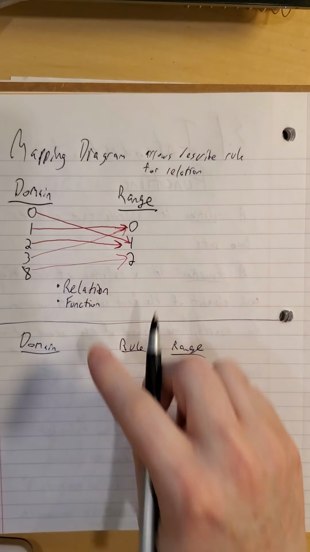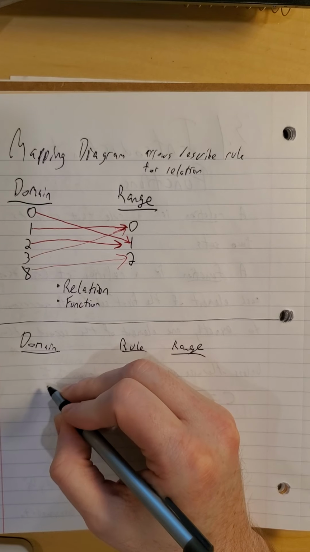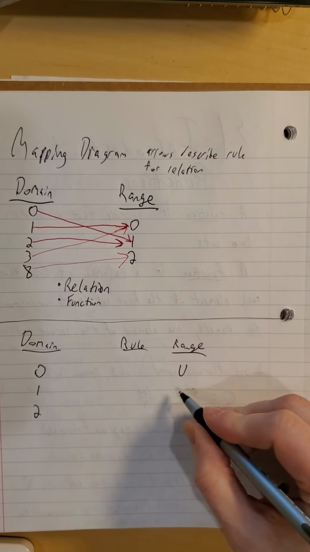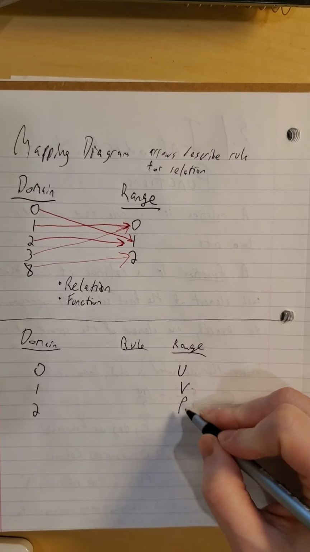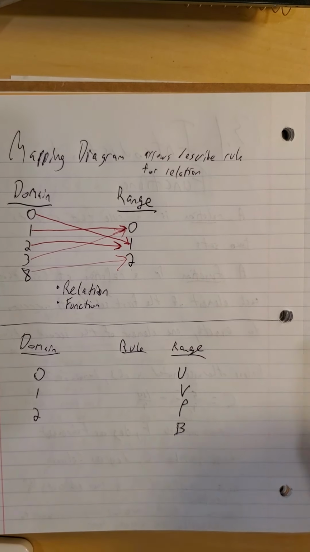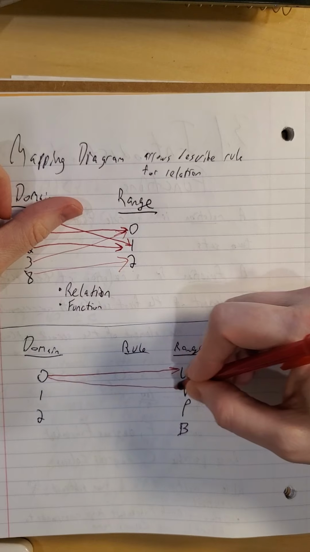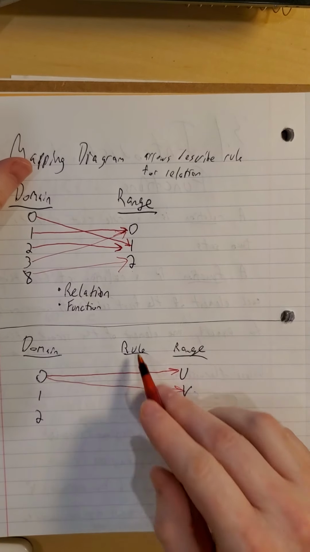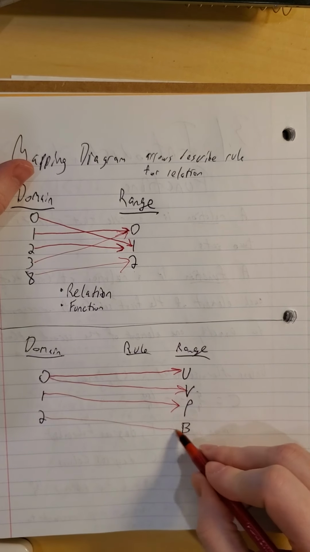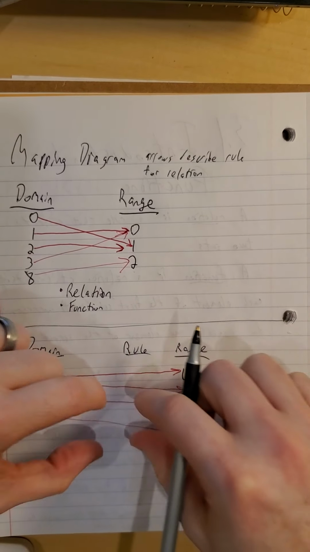So our rule in this case is still going to be the arrows. Let's try a domain of 0, 1, and 2, and we'll try range values of U, V, P, and B. So 0, I'm going to map to U and to V. So the arrows, remember, are the rule. 1, I will map to range element P. 2, I'll map to range element B. I have a domain and a range and something connecting them.